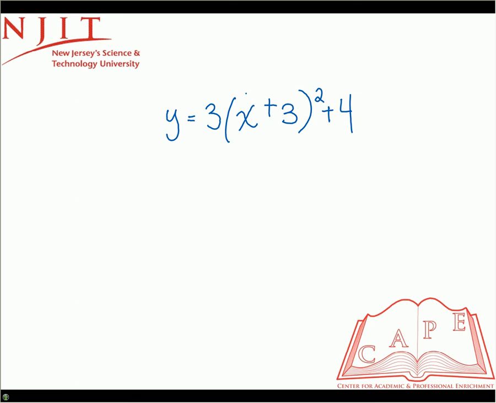Now, what if you were given a quadratic function, but in the original form that we first talked about, ax² + bx + c, but you wanted to convert it into standard form so that you could graph it? Well, that's a pretty easy process, so let's go over an example of that.